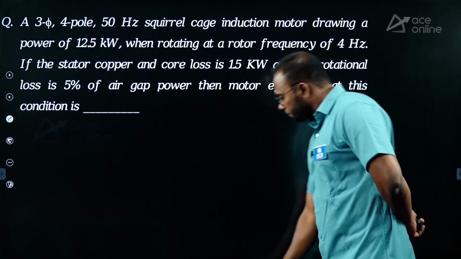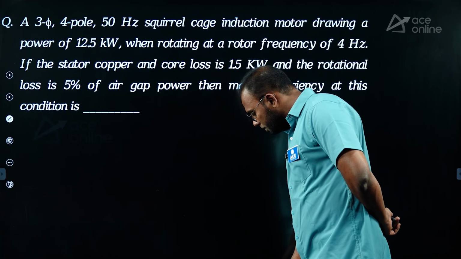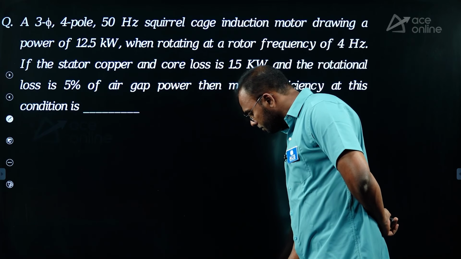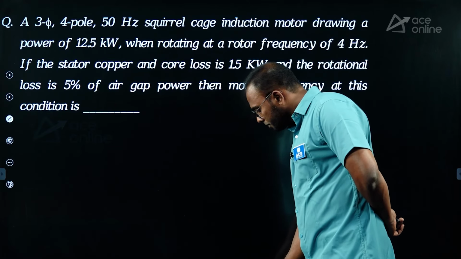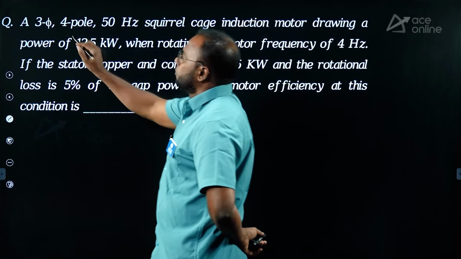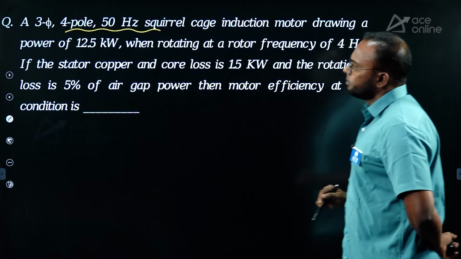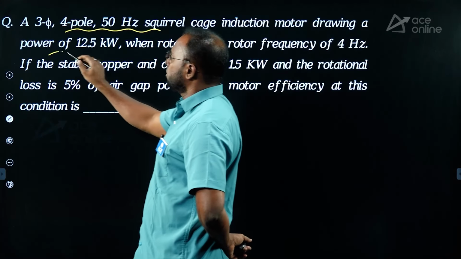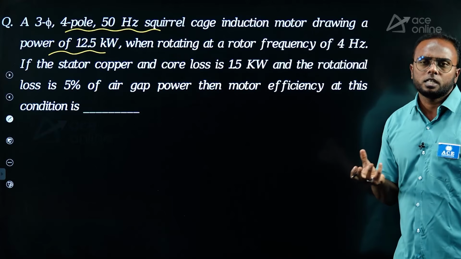See this question. Try to read quickly and answer it. Read the question. A 3-phase 4-pole 50 Hz squirrel cage induction motor drawing a power of 12.5 kilowatt. So motor drawing a power of 12.5 kilowatt means what?